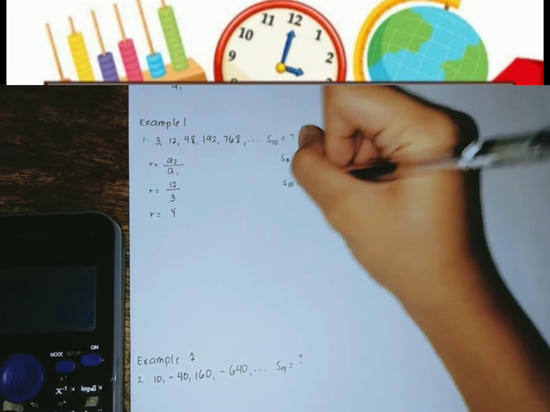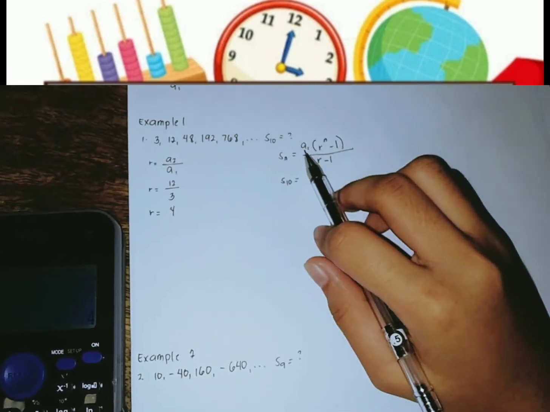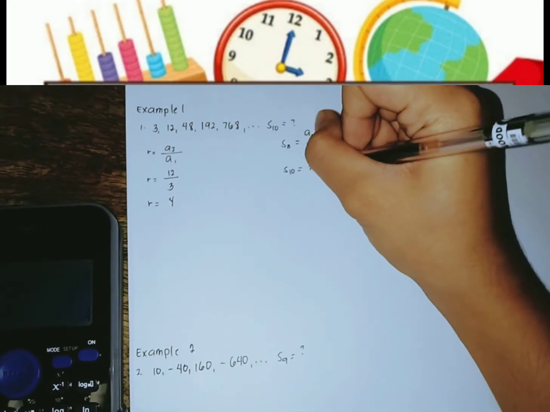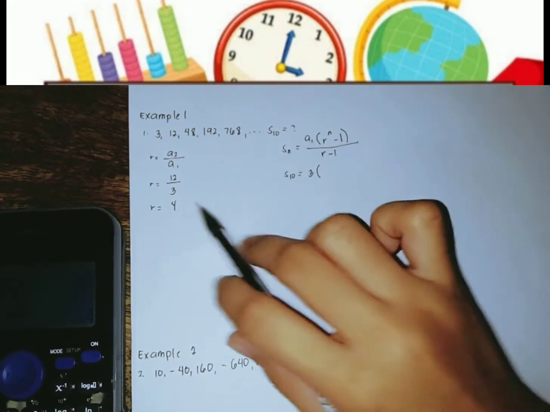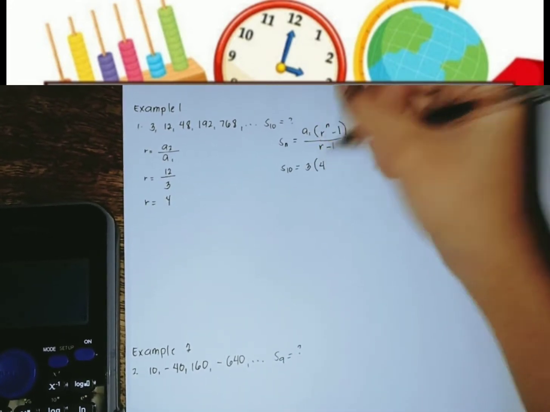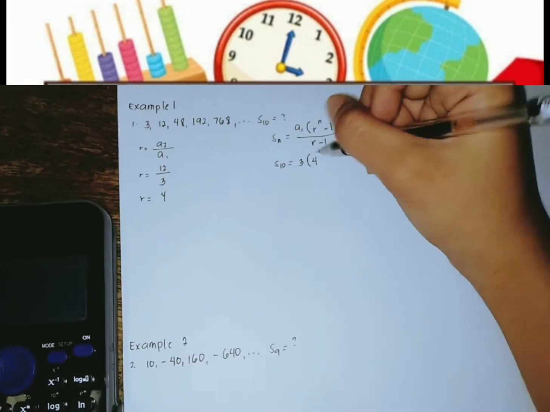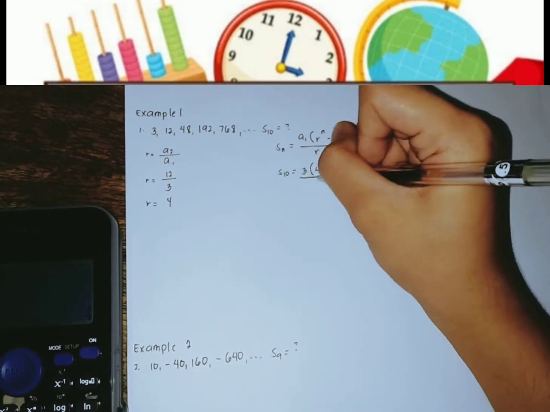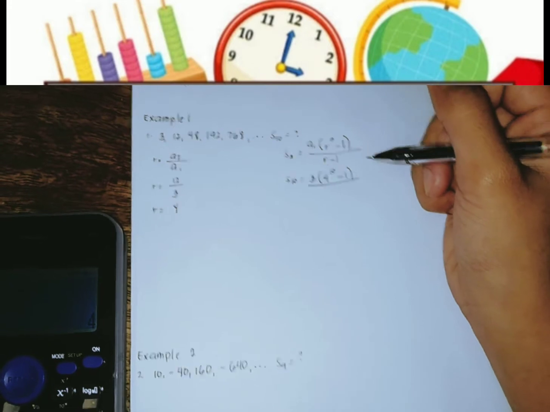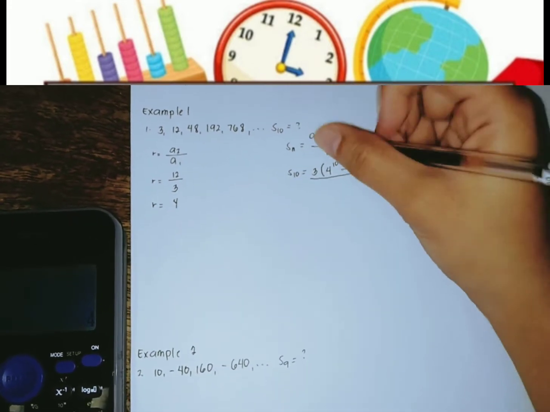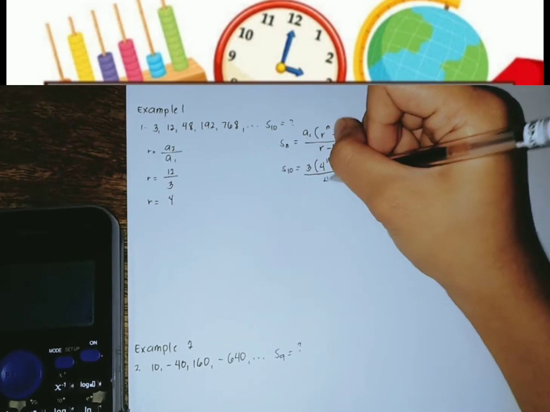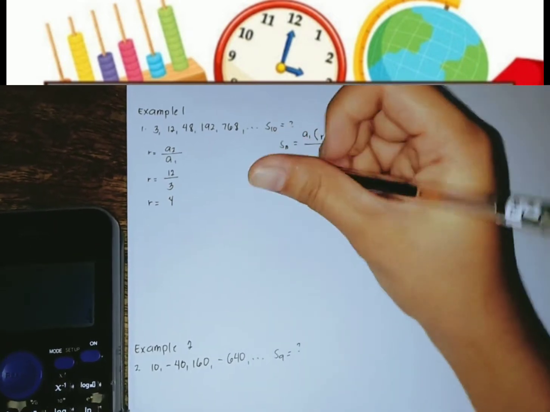Our a sub 1, or first term, is 3, our r is 4, our n is 10, minus 1. The 1 is always given in the formula, it is part of the solution. So r minus 1 is 4 minus 1.